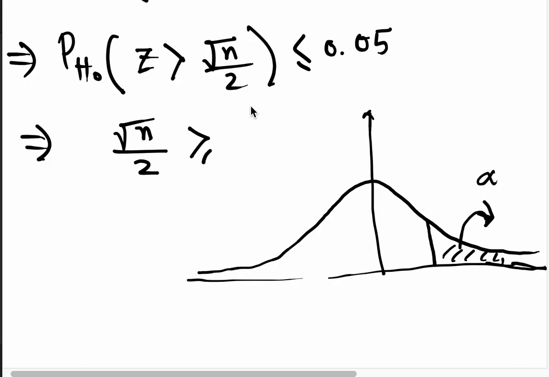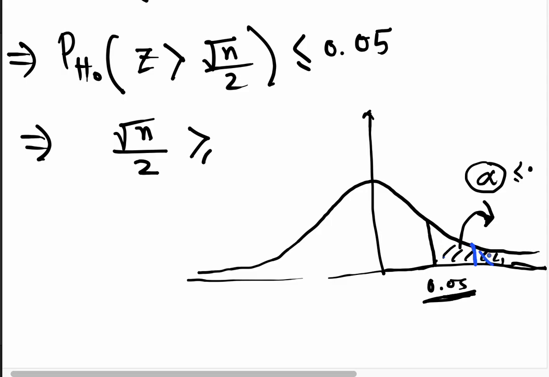Now I have to find such an alpha where this alpha is lesser than a predetermined value. Suppose this is the point 0.05, then if I have to find another alpha which is less than or equal to this, that means that region should be inside this, that means here.